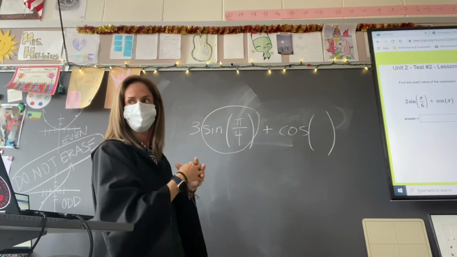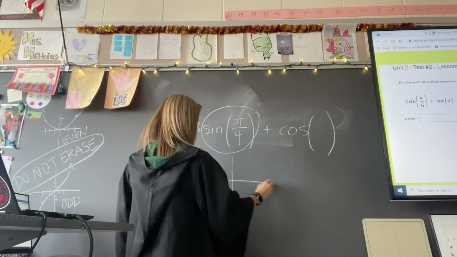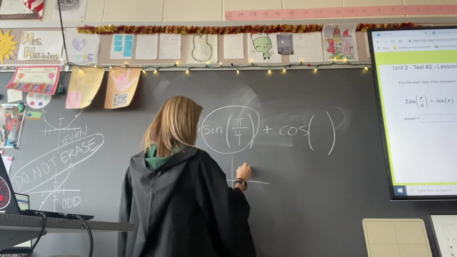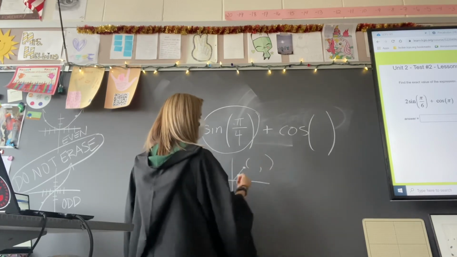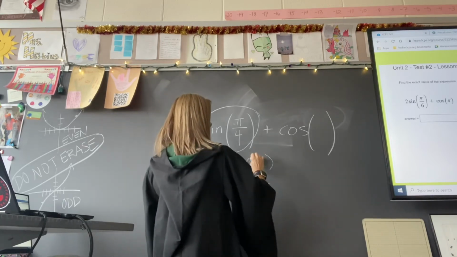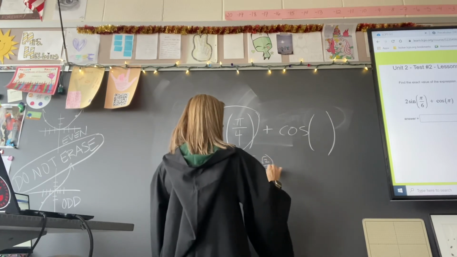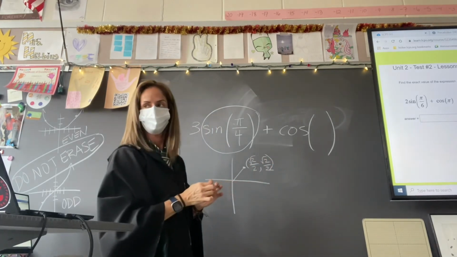On the unit circle, you know those pairs that you have? There are points, ordered pairs. So this one would be root 2 over 2. And then you multiply that by 3.